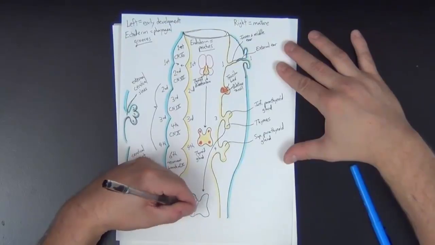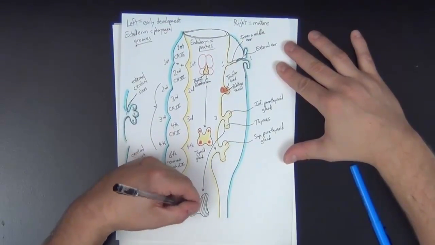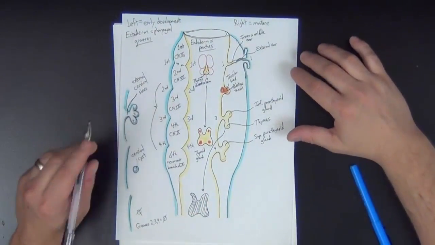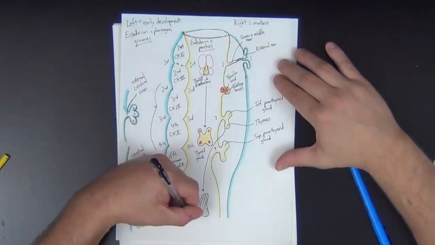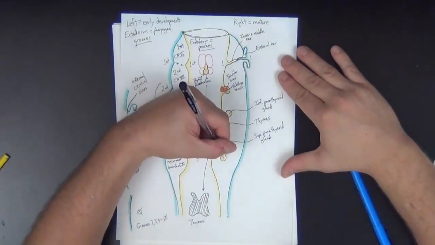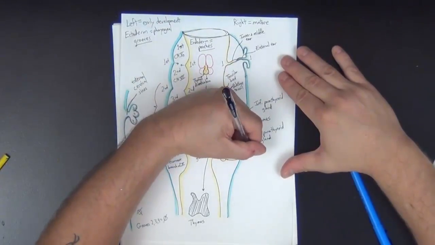But the thymus is more involved in the maturation of B lymphocytes to become T lymphocytes and immune response. Pretty big in children. It recedes as we get older, but it's coming off of that third pouch in the pharyngeal area.